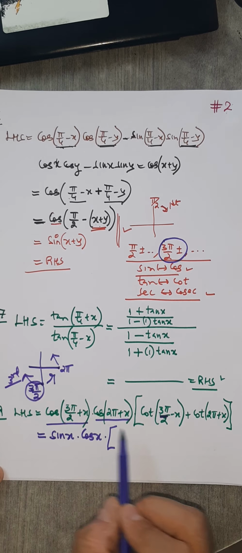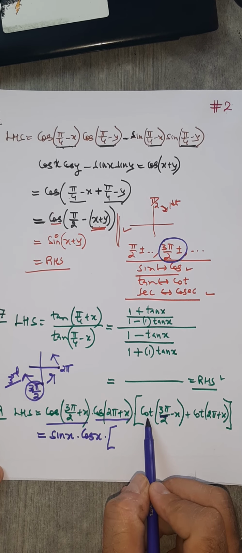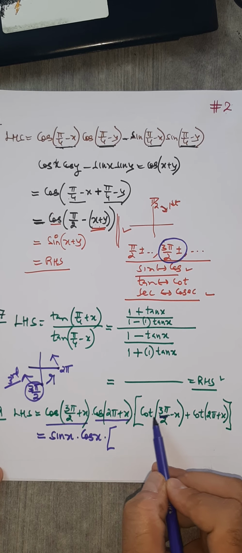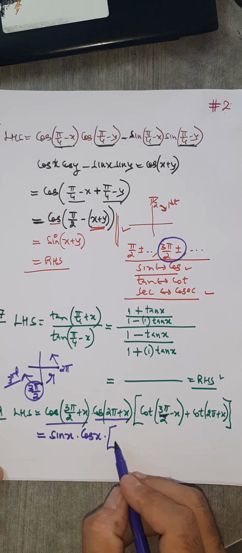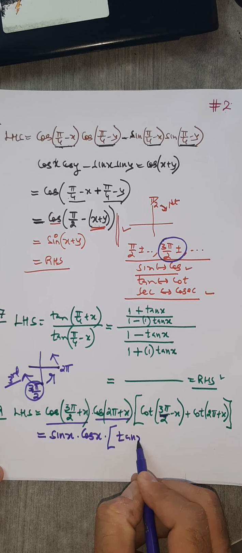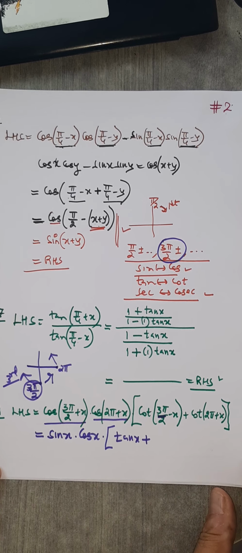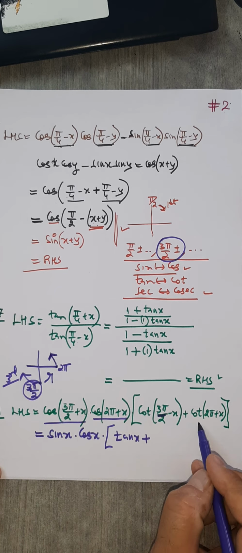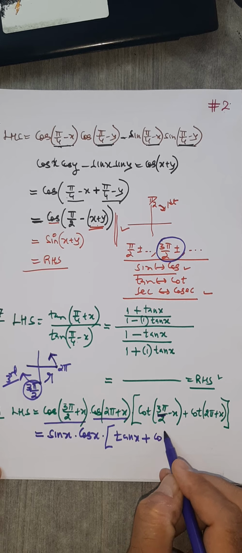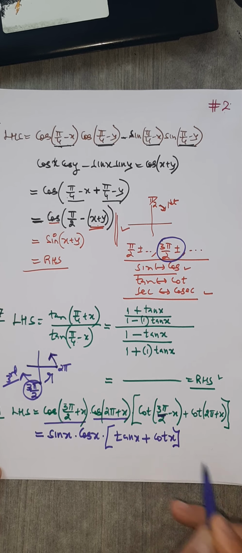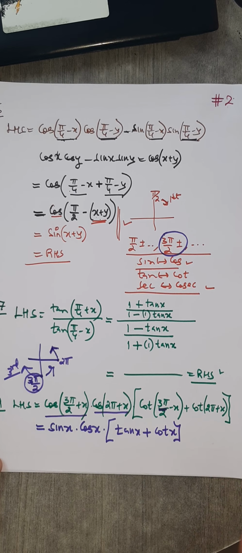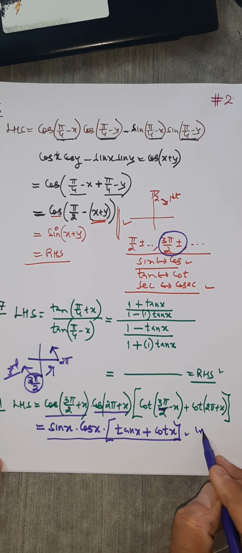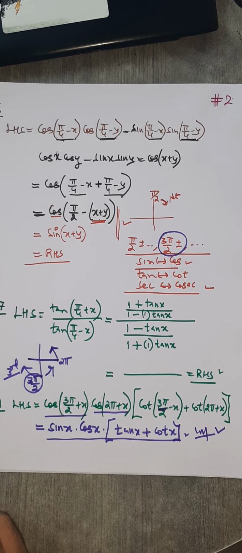In the third quadrant, tan and cot are positive, you know all STC. But here cot becomes tan. So you have tan x plus, now 2 pi plus something. 2 pi is here, plus means first quadrant, all trigonometric functions are positive, so cot remains as it is. I hope this is clear to you. This is a very important step, remember. This must be clear to you.